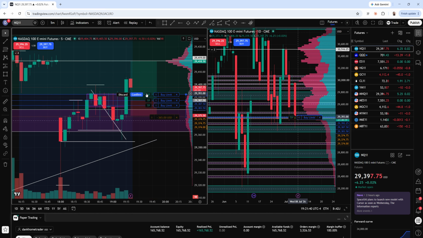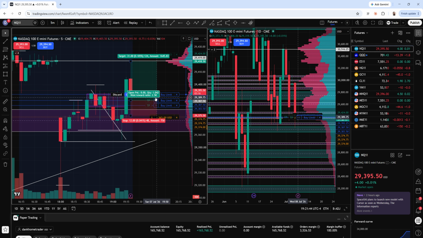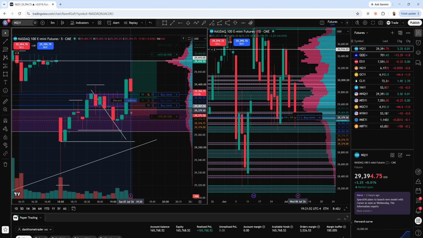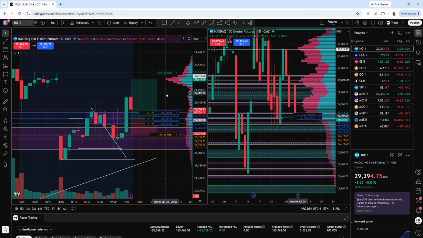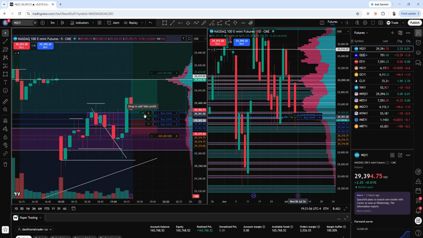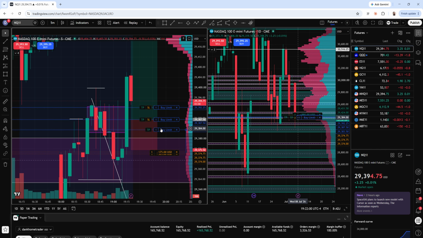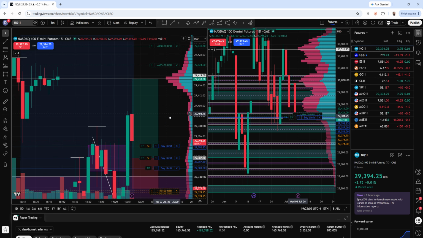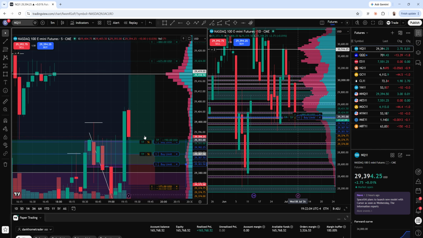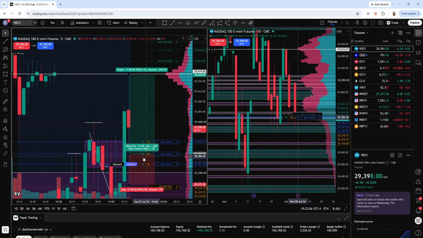And then take profits. It's too much overlay here. TradingView's acting up. I think there's already a stop loss on this one. Okay, I have two take profits. The third take profit up here somewhere.